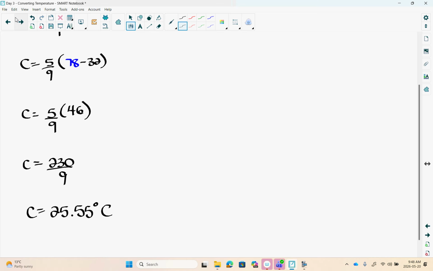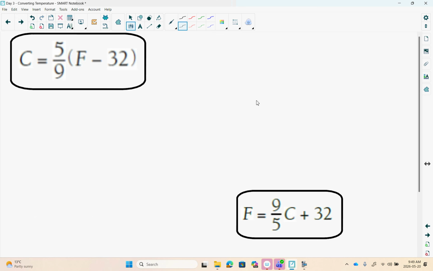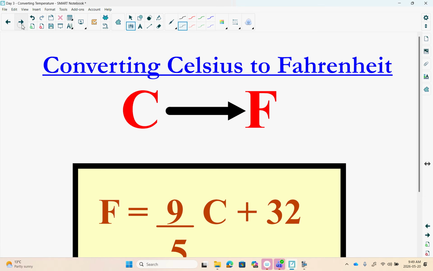When you go in the opposite direction, there's a separate formula. So the next two examples will go from Celsius to Fahrenheit. If you want to figure out the temperature in Fahrenheit, you do 9/5 times the temperature in Celsius, and you add 32. Okay, here's the formula.